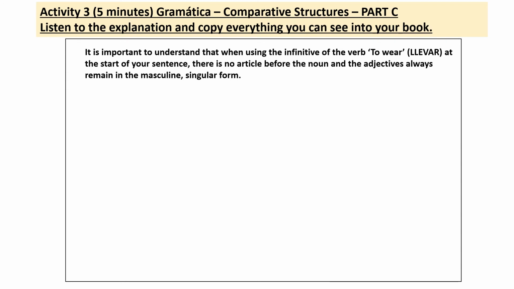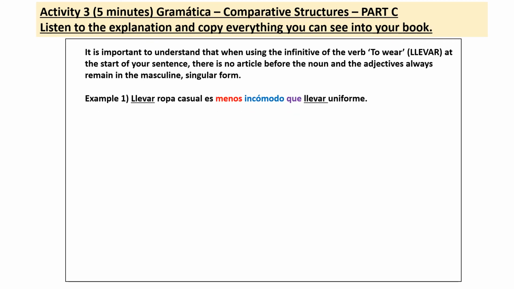It's important here to understand that when using the infinitive of a verb, in this case, our infinitive of the verb is to wear, llevar, okay? When using the infinitive of the verb at the start of your sentence, there is no article before the noun, and the adjective doesn't need to agree, so it always remains in the masculine singular form.